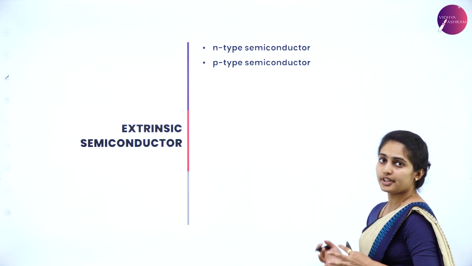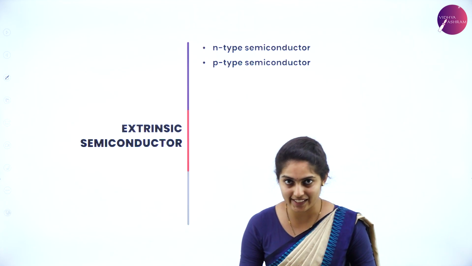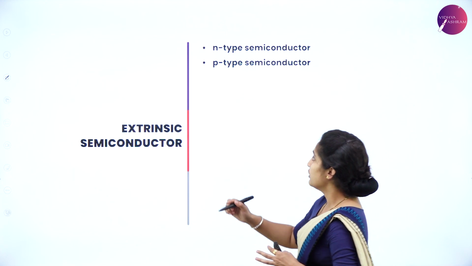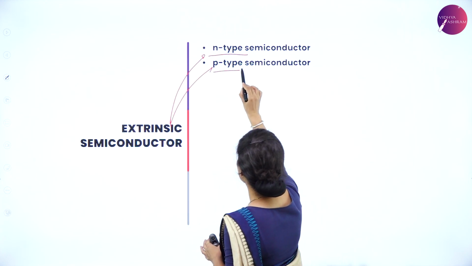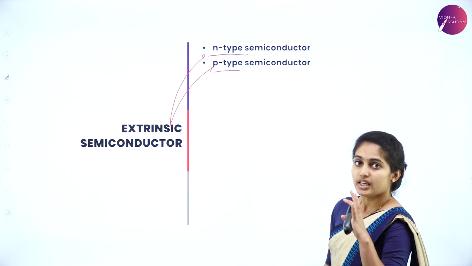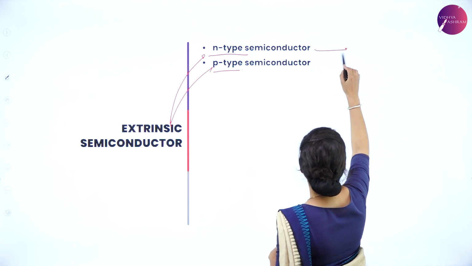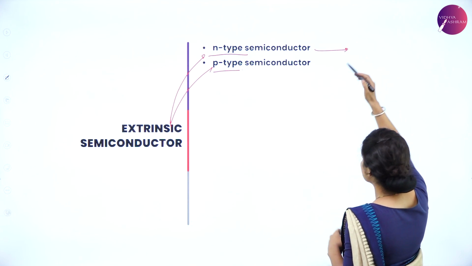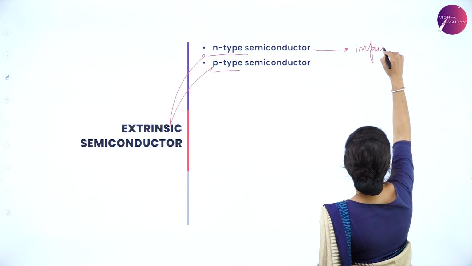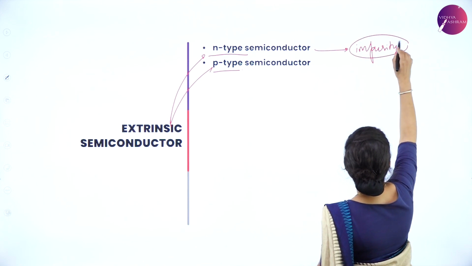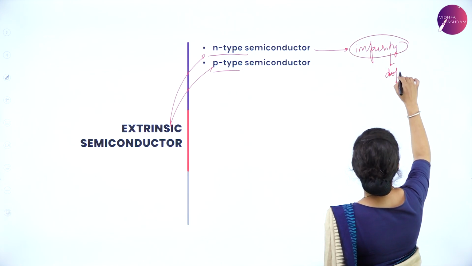Next, contrary to that, we have extrinsic semiconductors, where there are two types: N-type and P-type semiconductors. N-type semiconductors are the ones which have added impurities, and those impurities are called dopants.